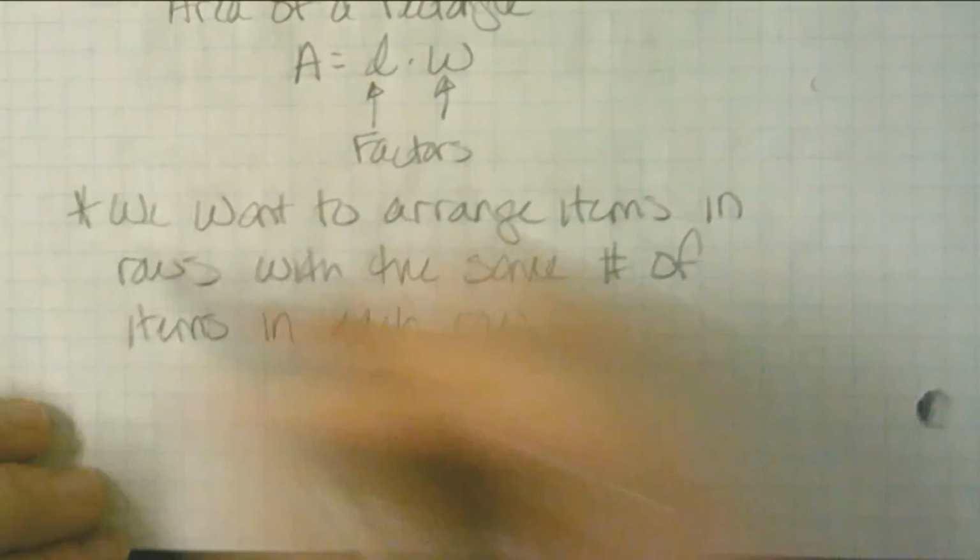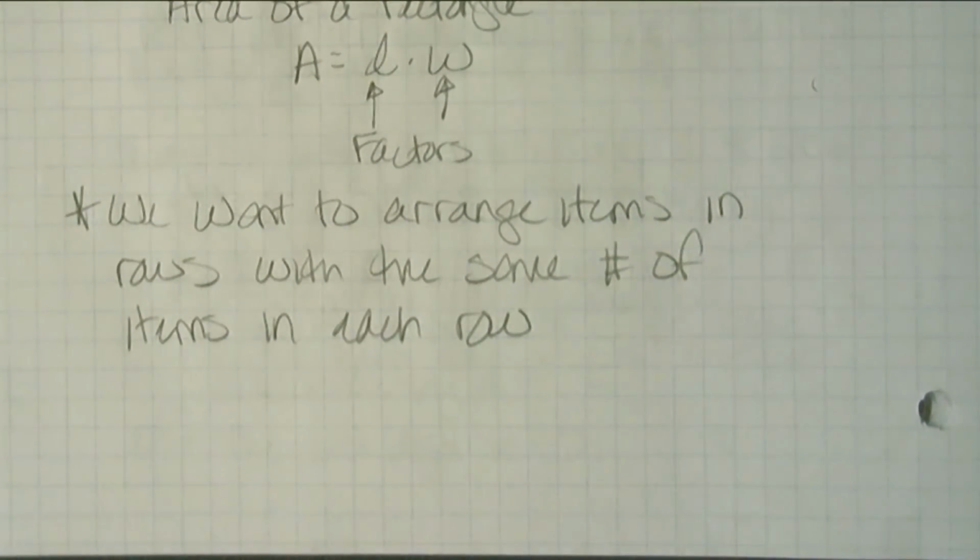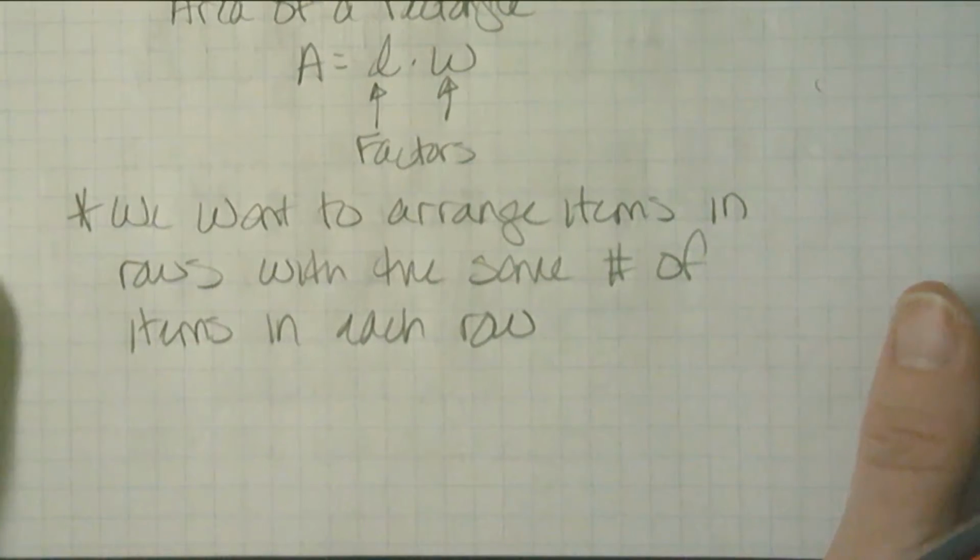This is one way that we can use factors, is that we want to arrange items in rows with the same number of items in each row. So let's do an example so you know what I'm talking about. Who needs to see what's up there?